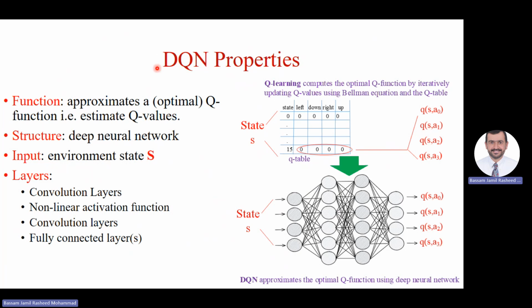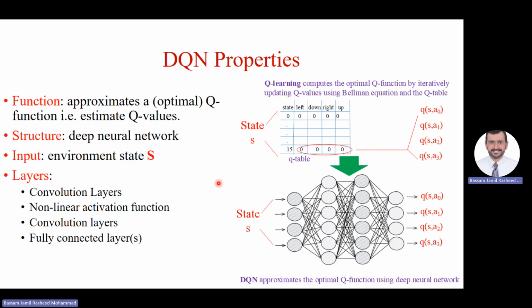So how does this deep Q learning, which uses a Q neural network, work? The function of it approximates the optimal Q functions and estimates the Q values. The structure is a deep neural network. The inputs are the environment states, and the layers are the convolutional layers here, with all their related layers.